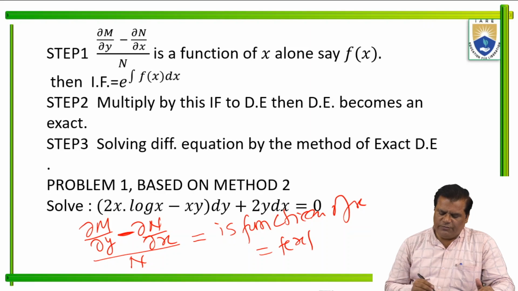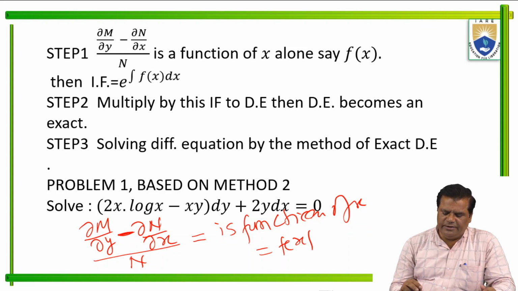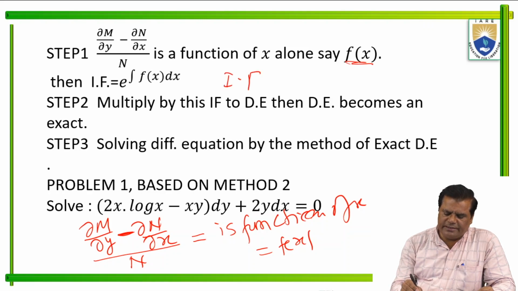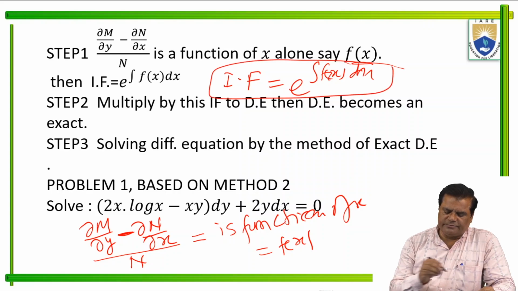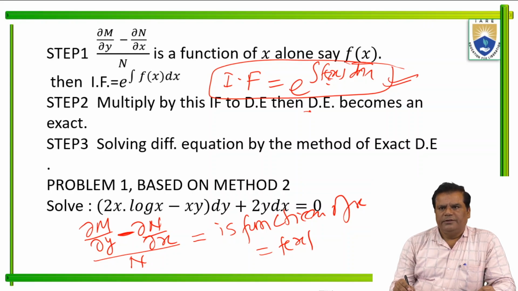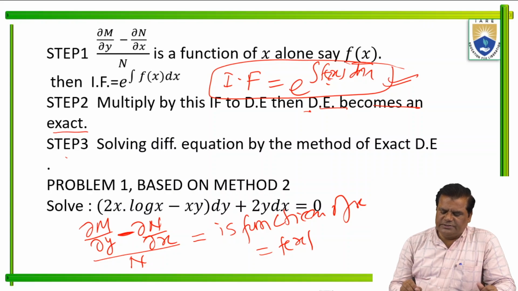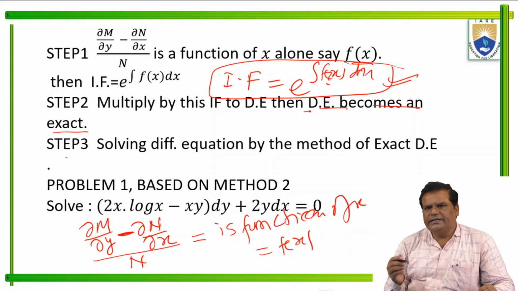Step 2: multiplying this integrating factor to the differential equation, the differential equation becomes exact. Here this f(x), now taking the integrating factor, is e to the power integral f(x) dx. Multiply this function to the differential equation, then the differential equation becomes exact. Step 3: solving the differential equation by the method of an exact differential equation.